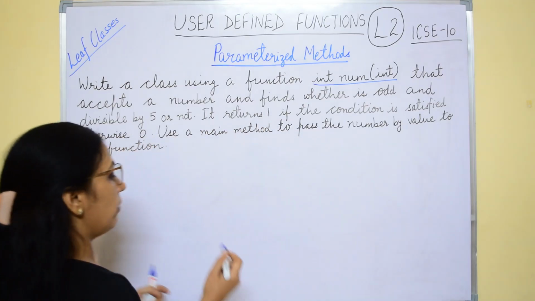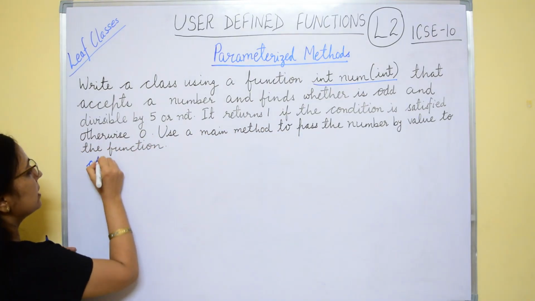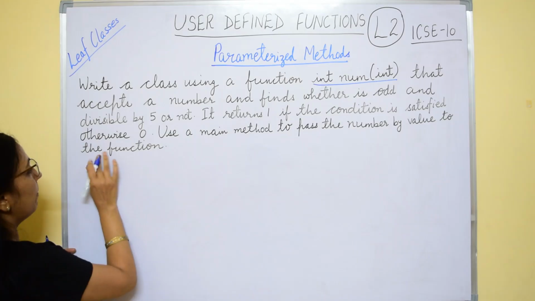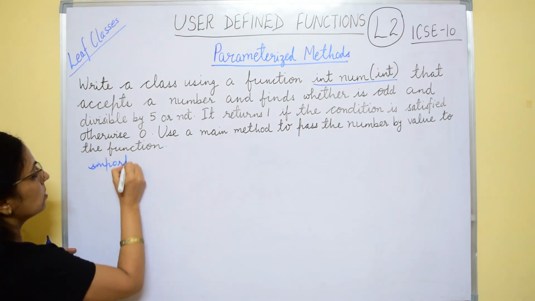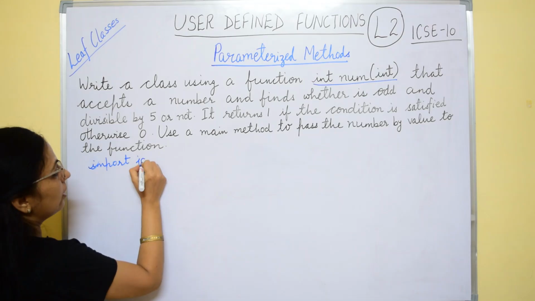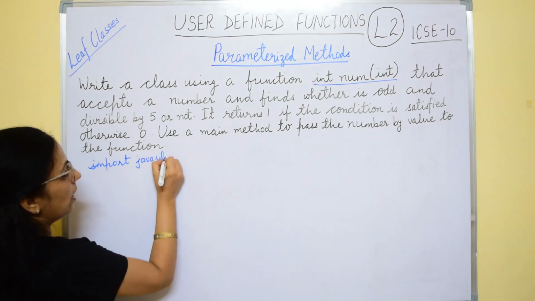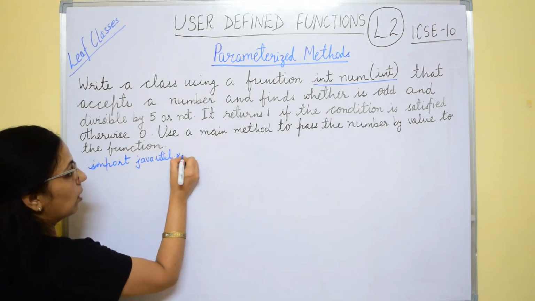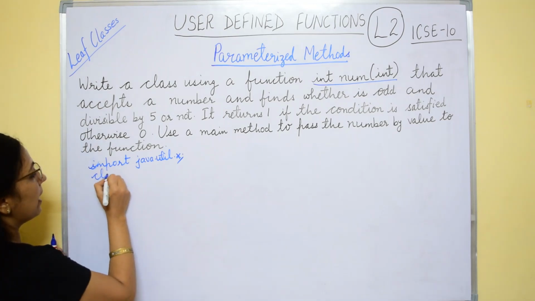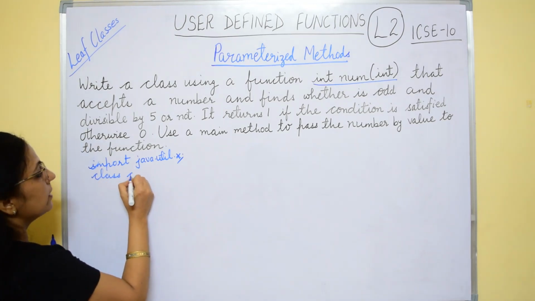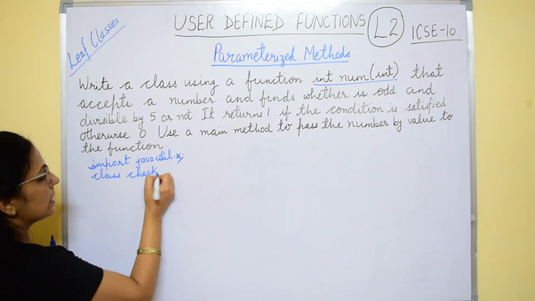Okay. So we start the program, we start with the import statement first because we have to input the values. Import java.util.* because I'll be using the Scanner class. After that we can write the class name check. Here check is the class name.